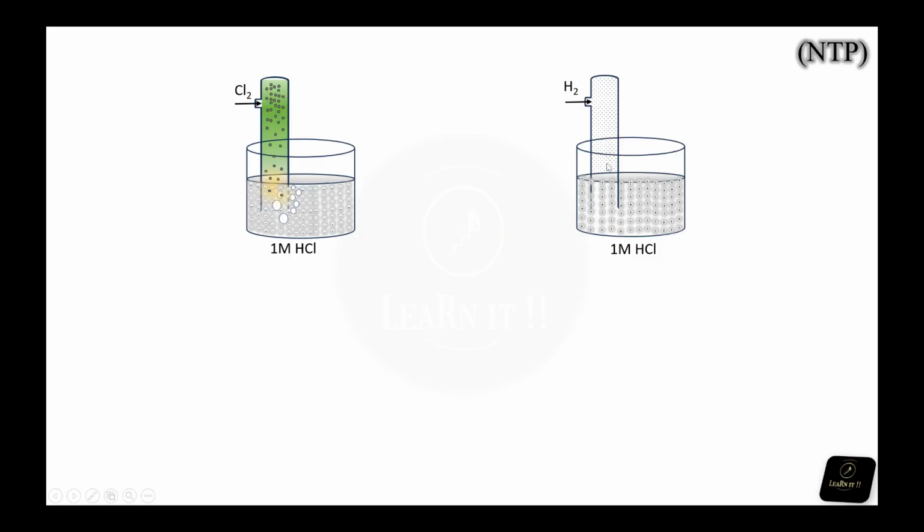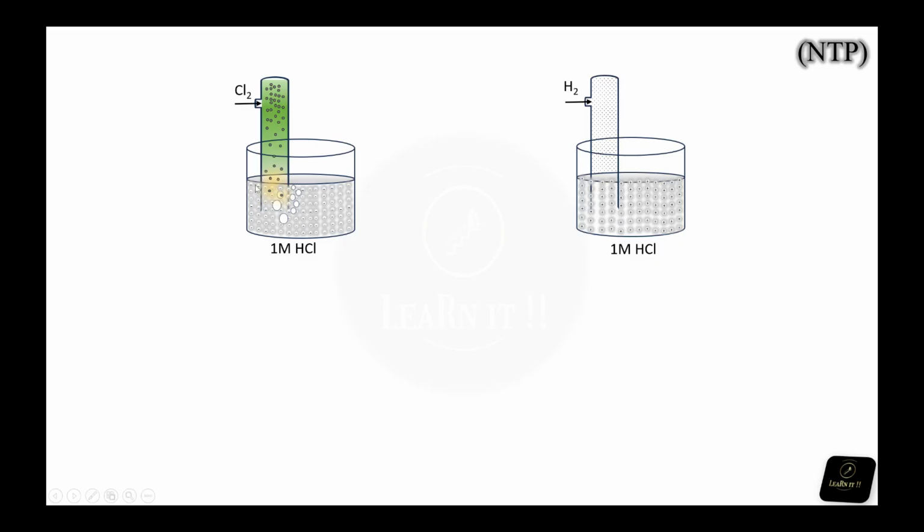In the same way, hydrogen is also filled in an inverted tube at 1 atmospheric pressure. Both the solutions contain 1 M HCl. Here we are considering the Cl minus, and here we are considering the H plus.